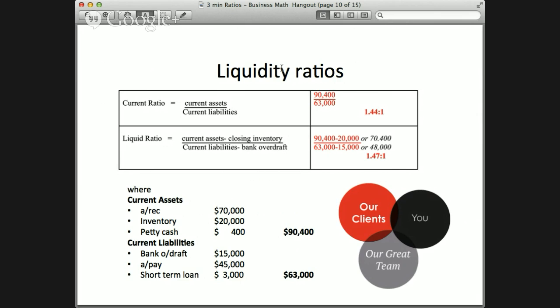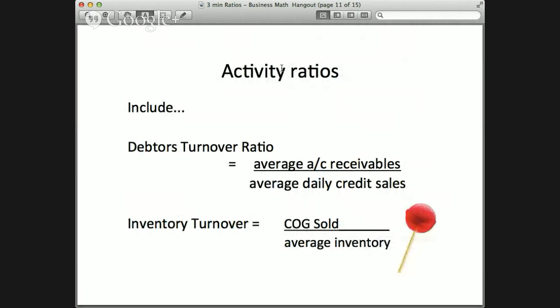Therefore, the liquid ratio formula removes these two items because they're really not cash in hand right now, are they? So that's why it's removed. It's a much more true reflection of the cash you have at hand right now. So that's the liquidity ratios.